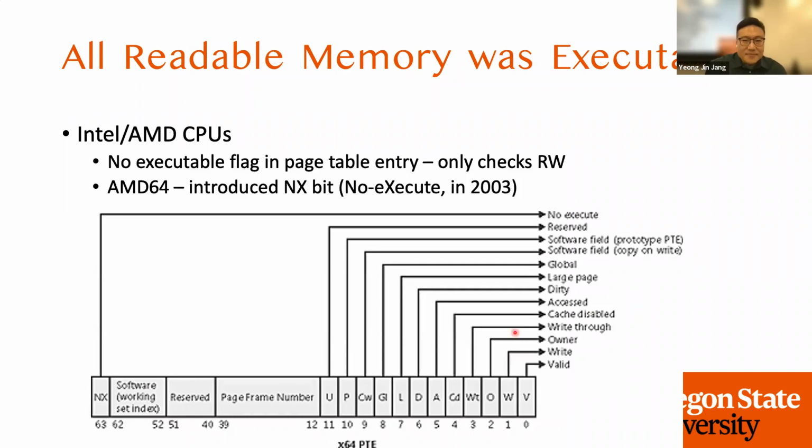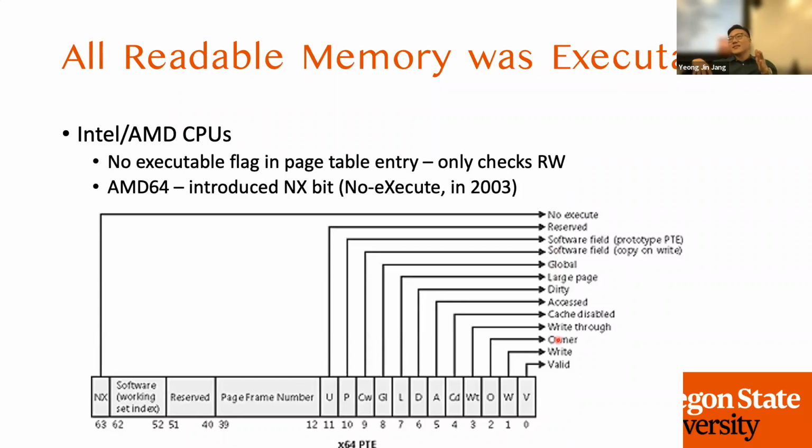So these are the bits that we could use for privilege enforcement before 2003. There's a valid bit. Valid means that we can read. And then there's a write bit. Write bit means that we can write. But there's no bit for execution. In 32-bit computers, we already used all the flags, so there was no more space.